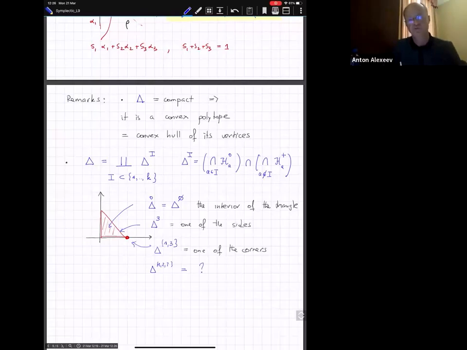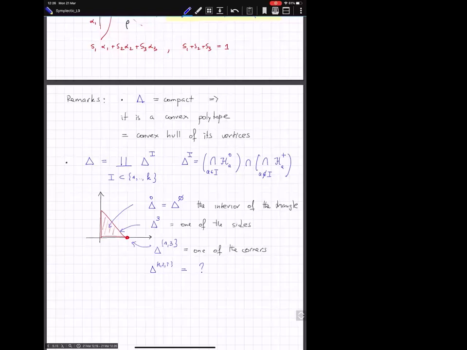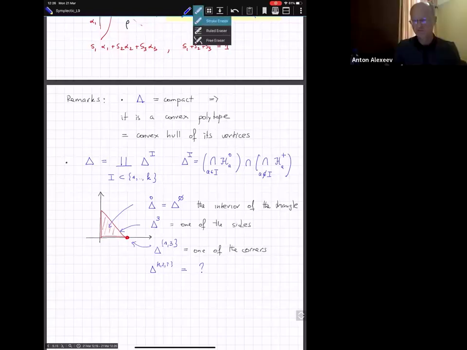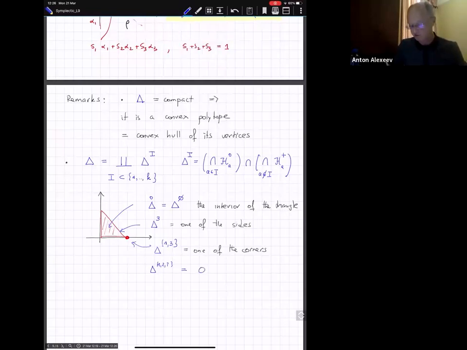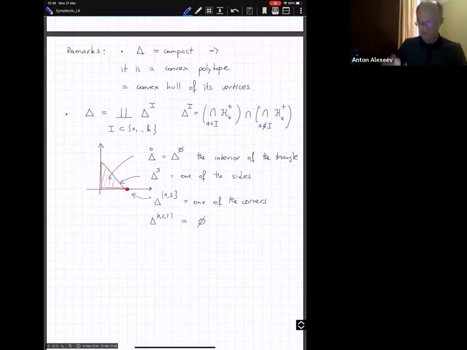Tell me, or you can just type in the chat. So what is this thing? Oh, it's empty. Yeah, that's because the three straight lines never intersect, right? So there is no intersection point of those three straight lines. Okay. So now the key definition in this part.